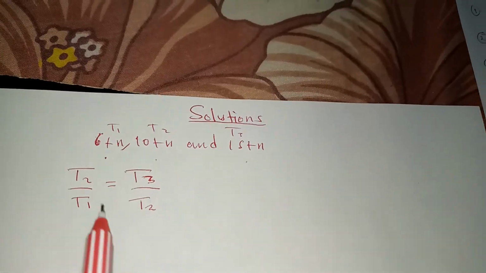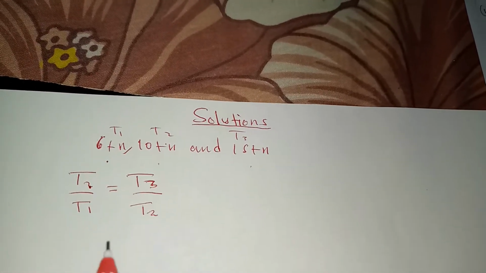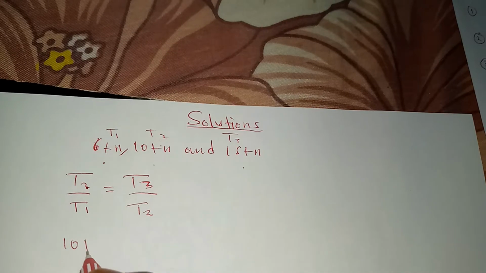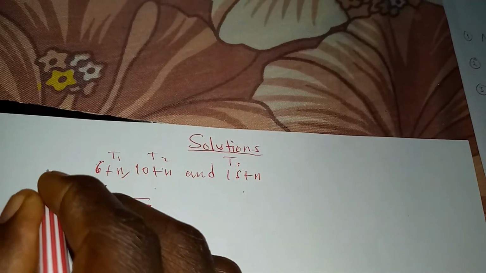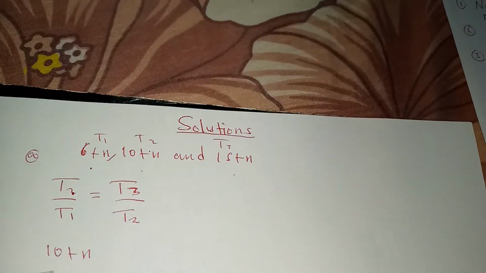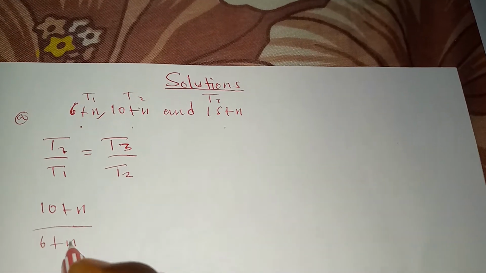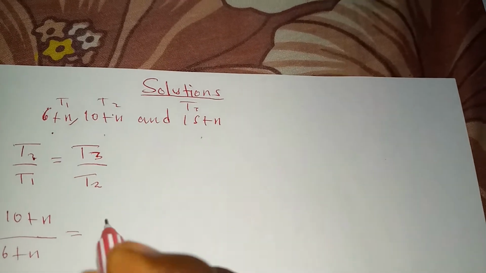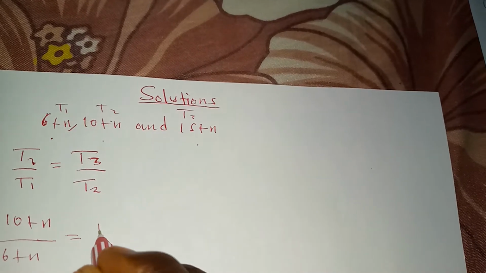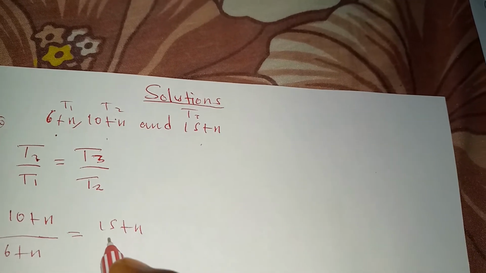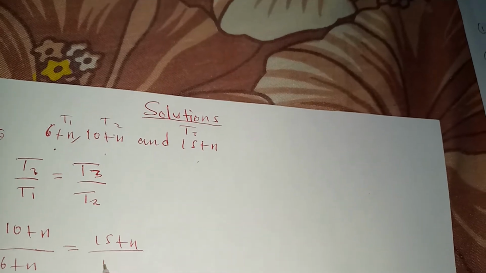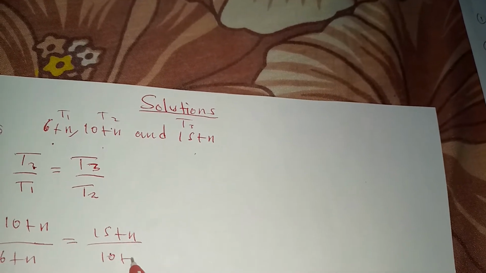So now answering this one, here is the second term, we'll put 10 plus n over the first term is 6 plus n, which is equal to third term, it is 15 plus n over the second term, which is 10 plus n.